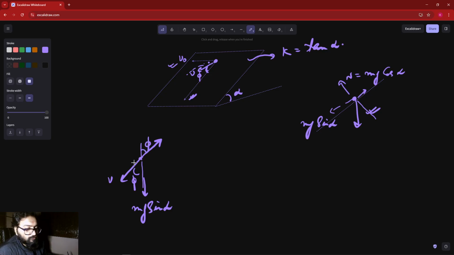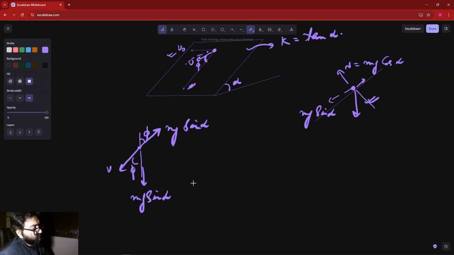So this angle also becomes equal to phi. What is its magnitude? K times N, right? What is the value of N? Mg cos of alpha. So tan of alpha, which is k, times mg cos of alpha. I can see that cos of alpha is getting cancelled. Okay, so this essentially can be written as mg sine of alpha. Okay, all right. This is the basic force diagram for this disk, or the body.